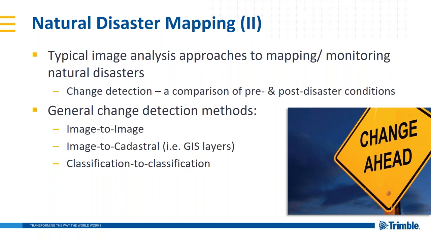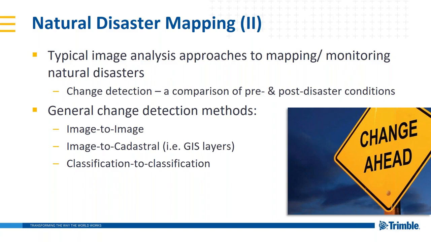What we call image-to-image change detection, where we really compare the image situation at what we call T1, so the first time period, to T2, which could be the post-disaster image, or multiple time steps throughout that period. We can also do image-to-cadastral change detection, so comparing, say, that post-disaster image to the cadastral information, the GIS layers of the pre-existing conditions.